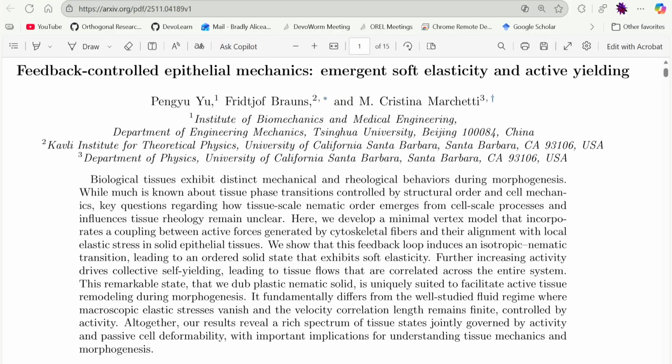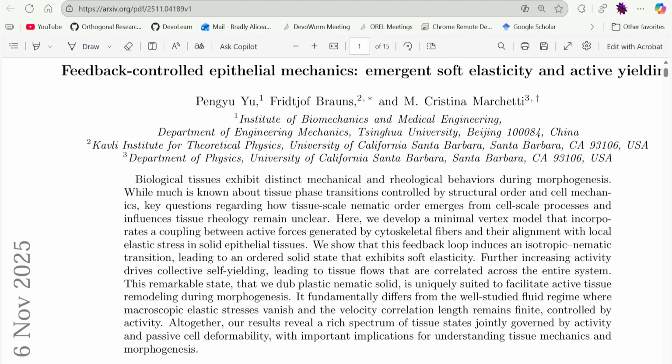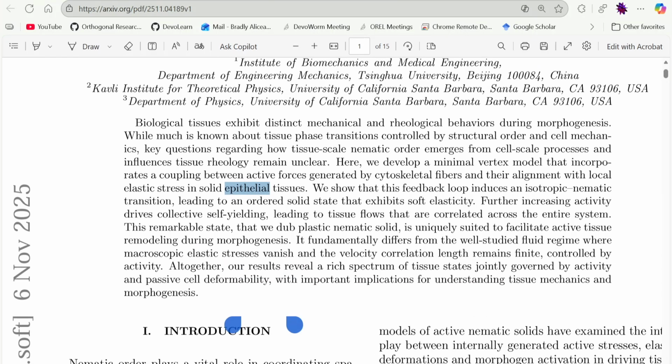So they use a minimal vertex model that incorporates a coupling between active forces generated by cytoskeletal fibers, their alignment with local elastic stress in solid epithelial tissues. We show that this feedback loop induces an isotropic nematic transition, leading to an ordered solid state that exhibits soft elasticity. Further increasing activity drives collective self-yielding, leading to tissue flows that are correlated across the entire system.